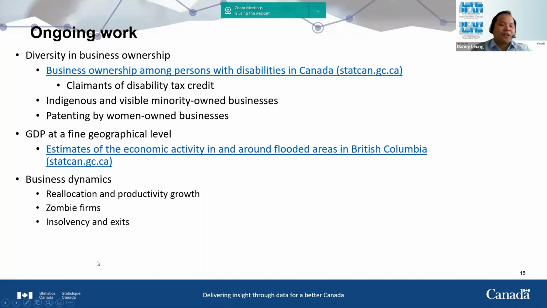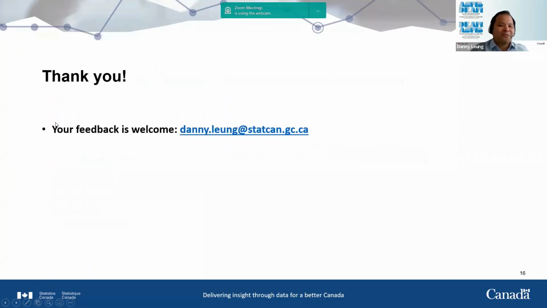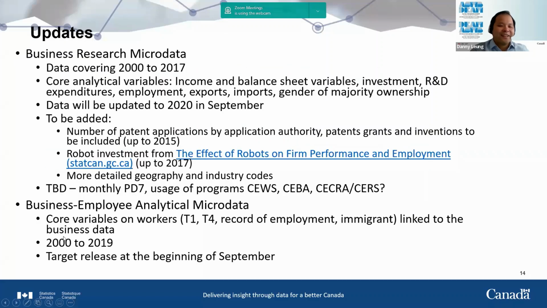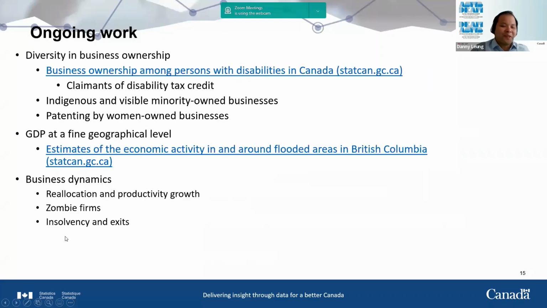There's this whole idea about zombie firms that we're working on as well, developing a measure of that, not using just the publicly traded data like done in the past, but the complete universe of firms. And finally, as the pandemic pointed out, there's a question about the difference between insolvency and exits, because people publish the bankruptcy statistics and compare them to the exit statistics, and wondered why they show different trends.